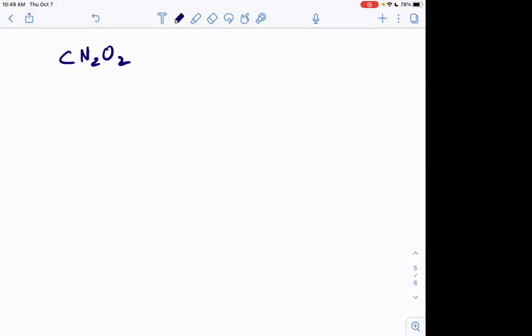You want the carbon to get 4 bonds. You want the nitrogen to try to get 3 bonds, but you probably won't get both of them to get 3 bonds. You'd like the oxygen to have 2 bonds if possible, but it's not going to kill you if it doesn't. And there's 2 oxygens, so you might wind up with one without that. That often happens when you have multiple oxygens.